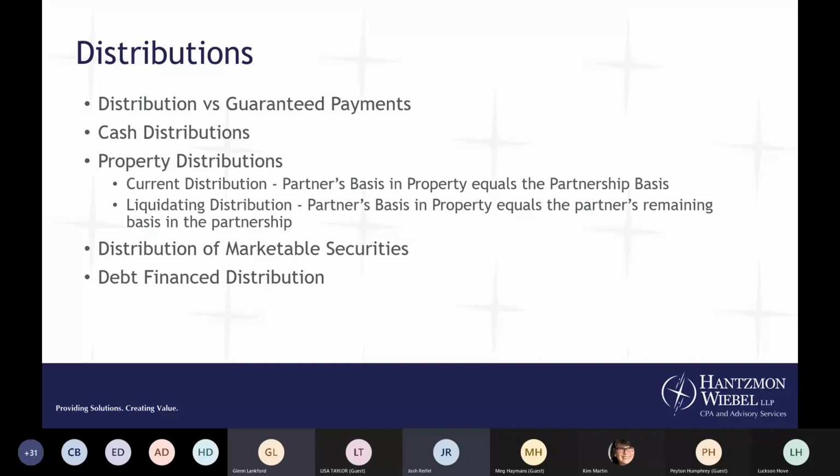So Josh, let me pipe in for just a second with regard to guaranteed payments, and just want to stress the importance of distinguishing between what's a distribution and what's a guaranteed payment. A guaranteed payment is a payment to a partner that is determined without regard to the income of the partnership. Let me give you an example.